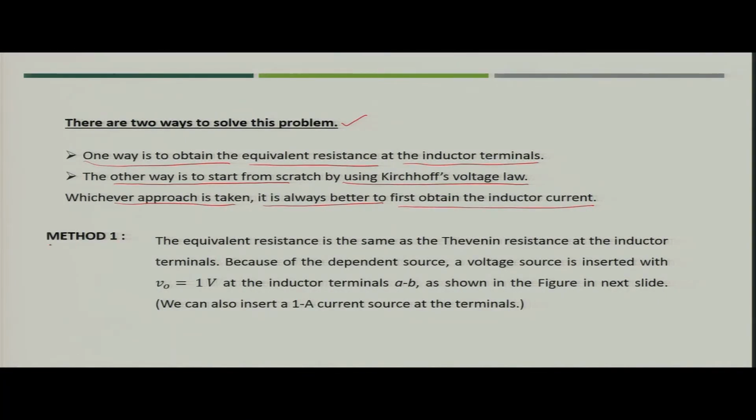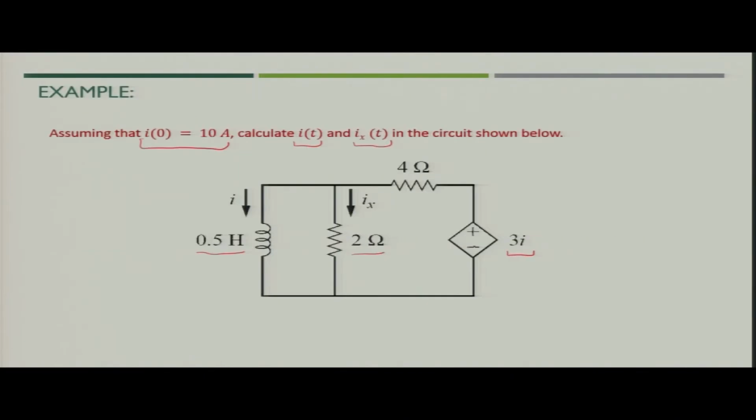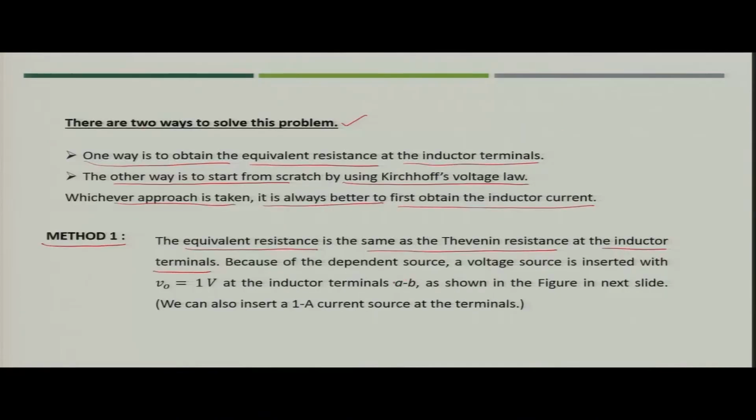Now, in the first method, the equivalent resistance is the same as the Thevenin resistance at the inductor terminals. Since we have a dependent voltage source in the circuit, what can we do?